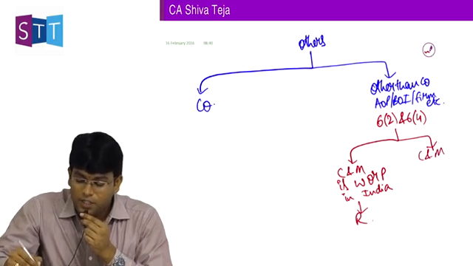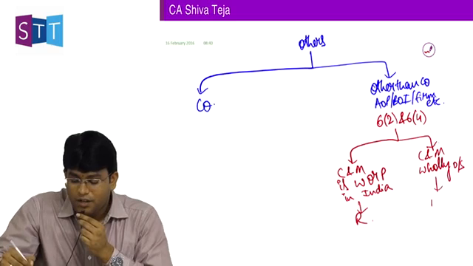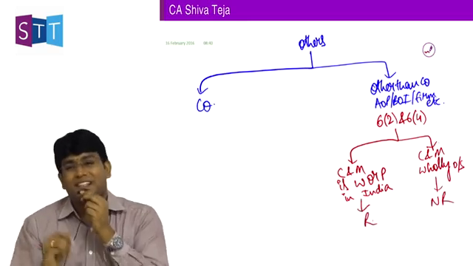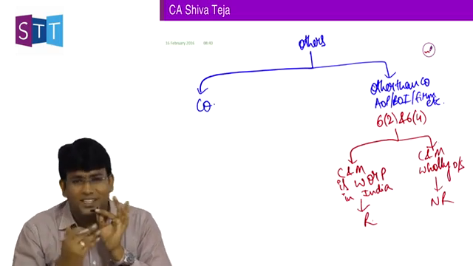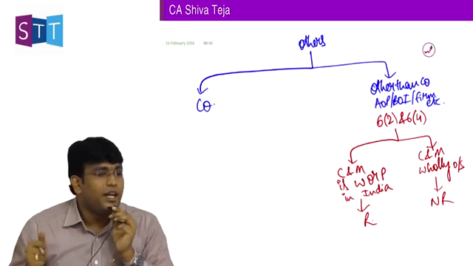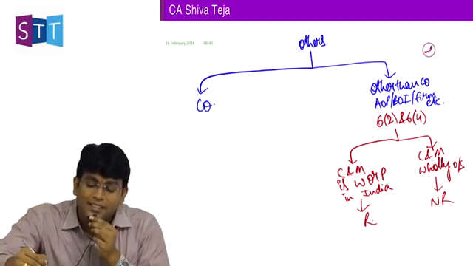If the control and management is wholly outside India, what do we call? Non-resident. Same as HUF only. Pretty simple actually. Only individual is critical. Rest all are very simple. Does it make sense? Everyone?